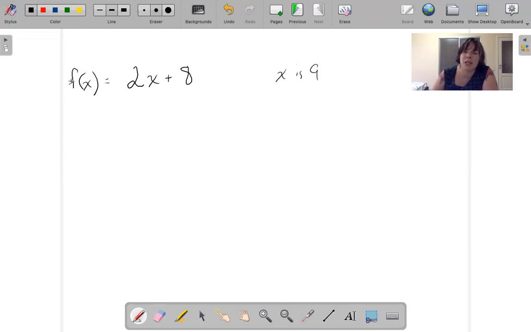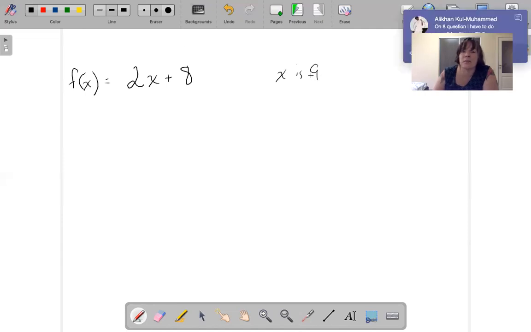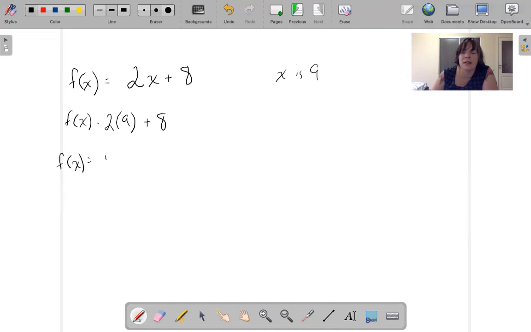So the function, the job of x is to be 9. So all I do is f of x equals 2 times 9 plus 8. F of x equals 18 plus 8. f of x equals 26.